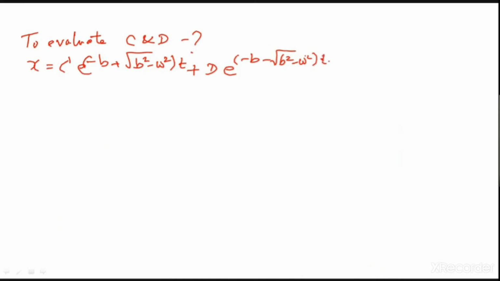This is what we had, isn't it? This is the expression for displacement. We know this. So now, to get this c and d, we use the boundary conditions.